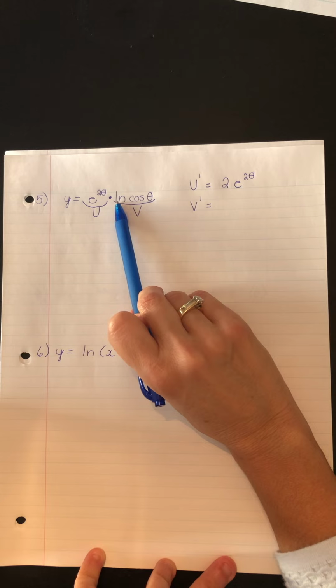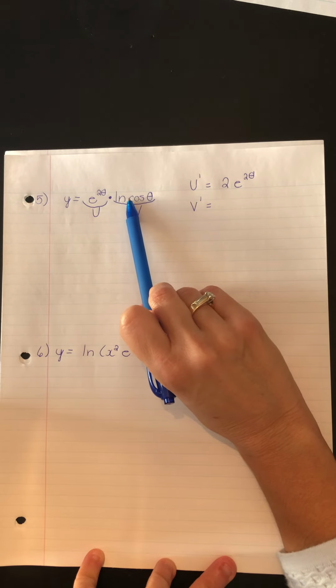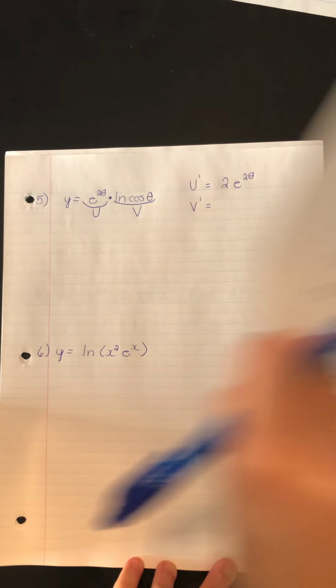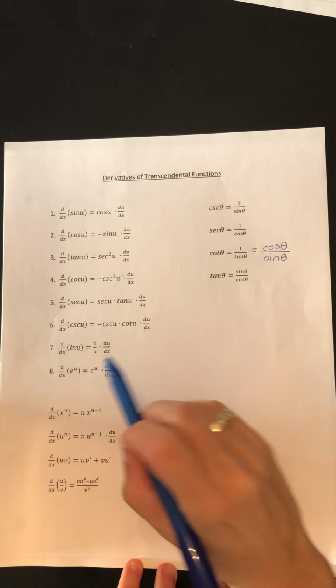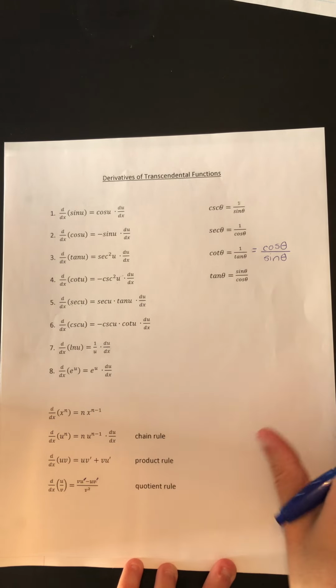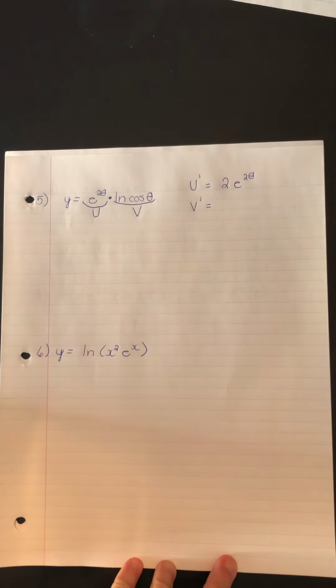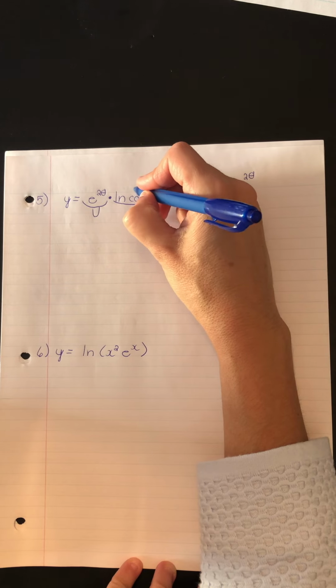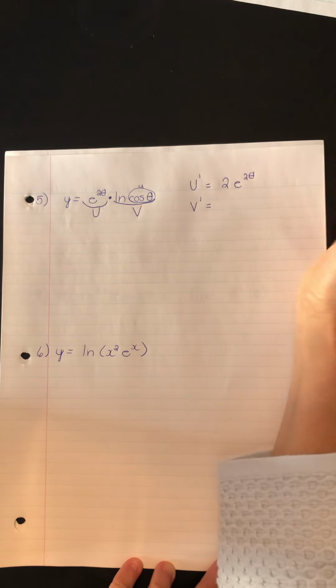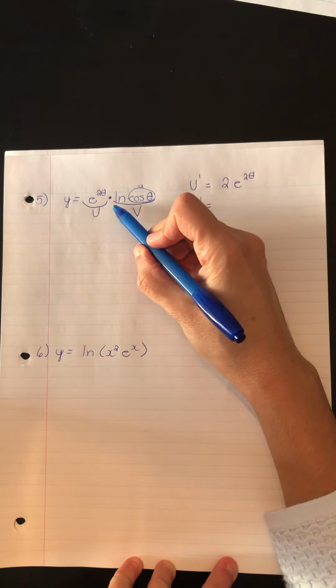So this is the ln of cos theta. So take a look at number 7, the ln of u, little u now, the argument of the logarithm. So this means cos theta is the little u. It's the argument of the logarithm.